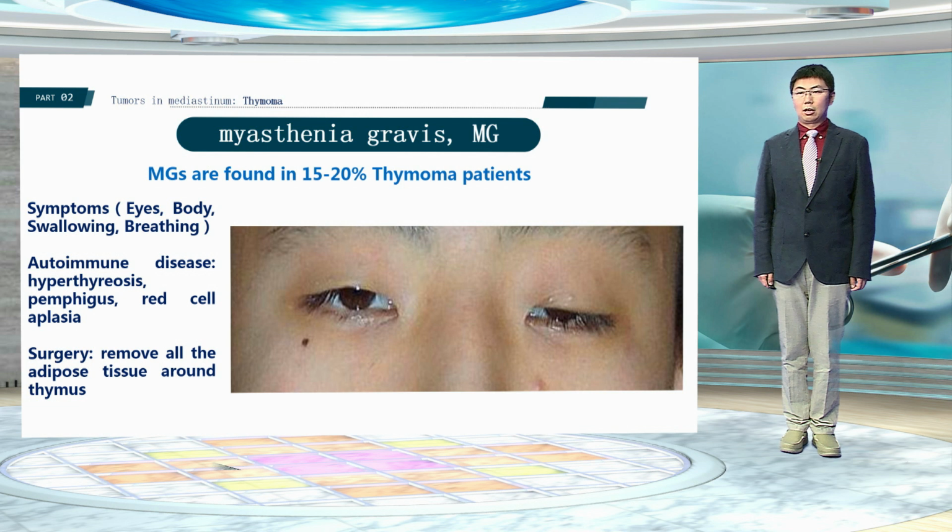MG is also accompanied by some autoimmune diseases such as hypothyroidism, pemphigus, and red cell aplasia. As for surgery, not only the tumor, but the adipose tissue around the thymus should also be resected.